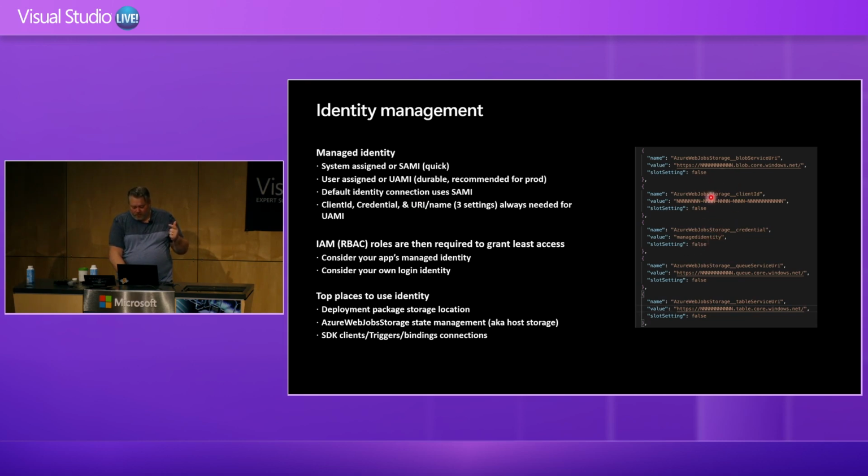When you have those three, you can also do account name for storage, but this is a little bit more proper. This tells the platform or your function app that I assigned that user assigned identity, and that's what I'm going to use to talk to storage. With system assigned, you don't need the client ID or credential. You just need the account name or the URI.